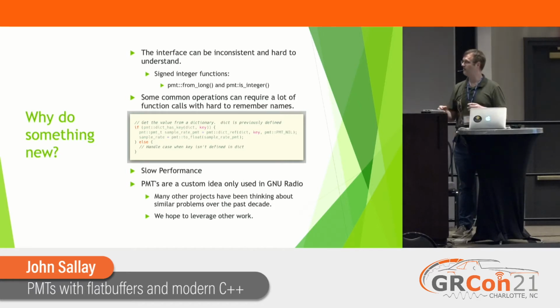The first function I call is to see, is the key present? Then I get a reference to the key from the dictionary. And then finally, I extract the value out, which in this case is my sample rate, and then I'm able to go on my way. Feels like a lot of work.